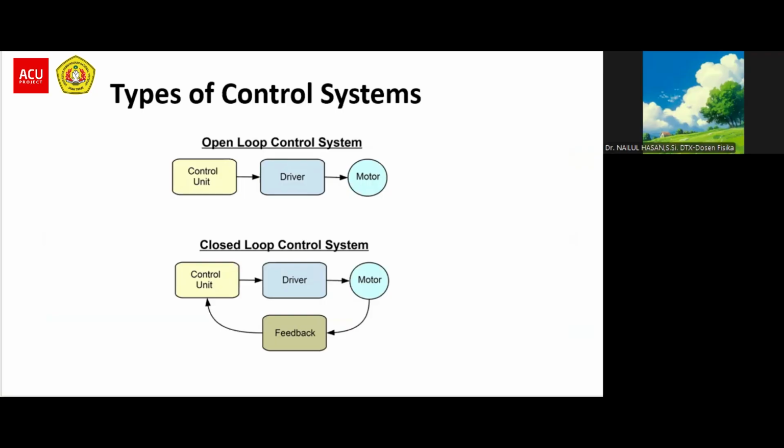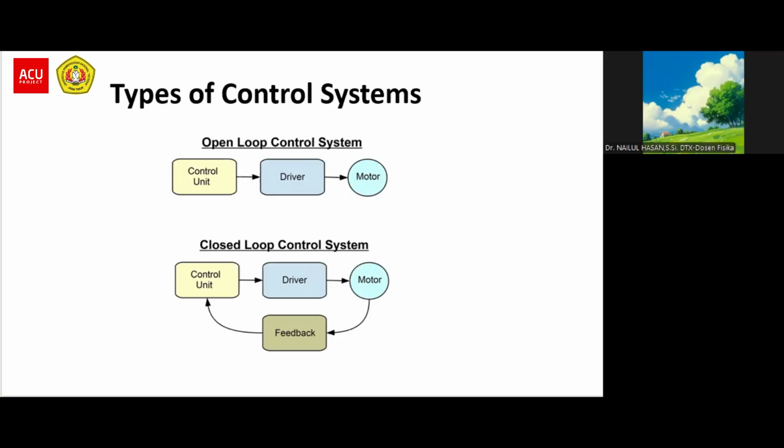First, open loop systems. These work without feedback. You set a value, but the system doesn't check if it's correct. Example, a basic washing machine. It runs for a set time regardless of how dirty the clothes are. Second, closed loop systems.